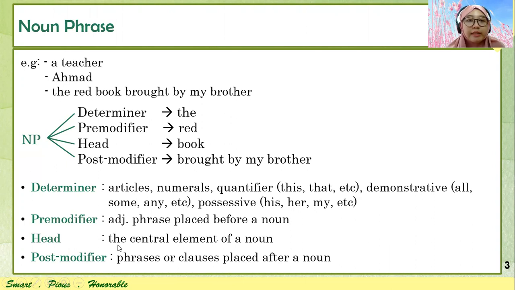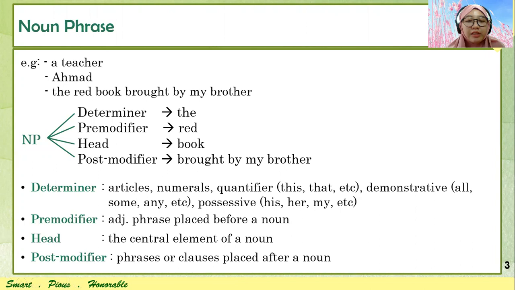And the head is the main word or the central element of a noun. And the post modifier can be a phrase or it can be a clause. This one is in the form of a verb phrase.